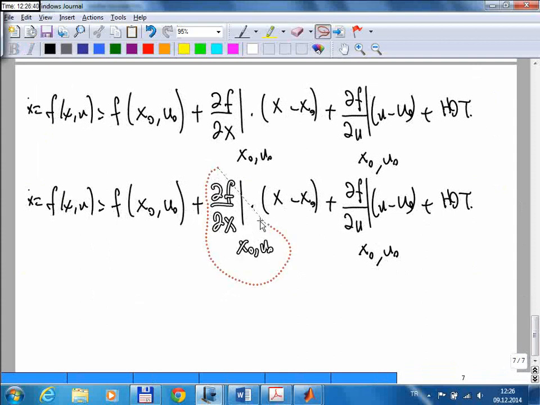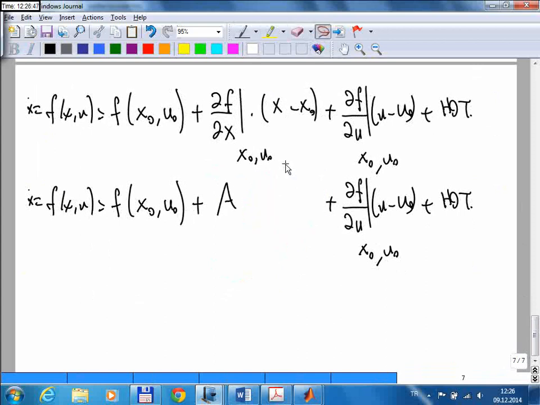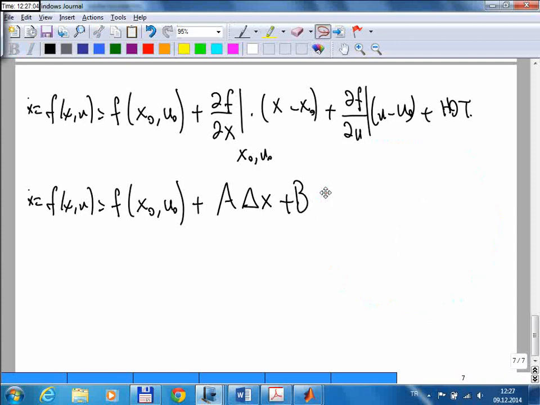this is an n by n constant matrix, and if we call that A, this becomes A, and if we call this delta x, that becomes delta x. Similarly we call this part B, and we call this part delta u, plus higher order terms.